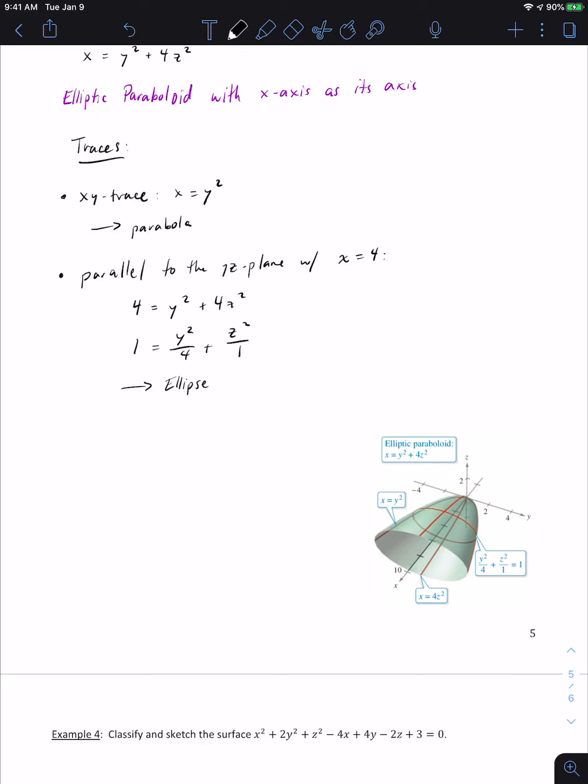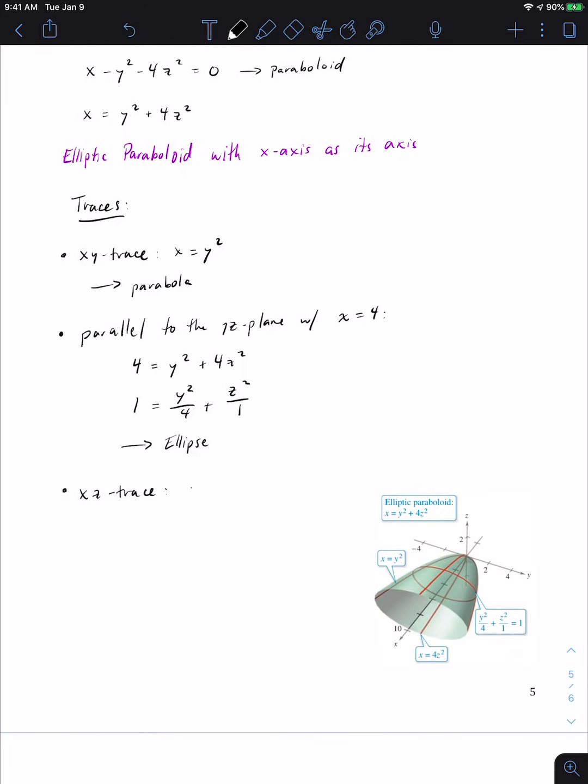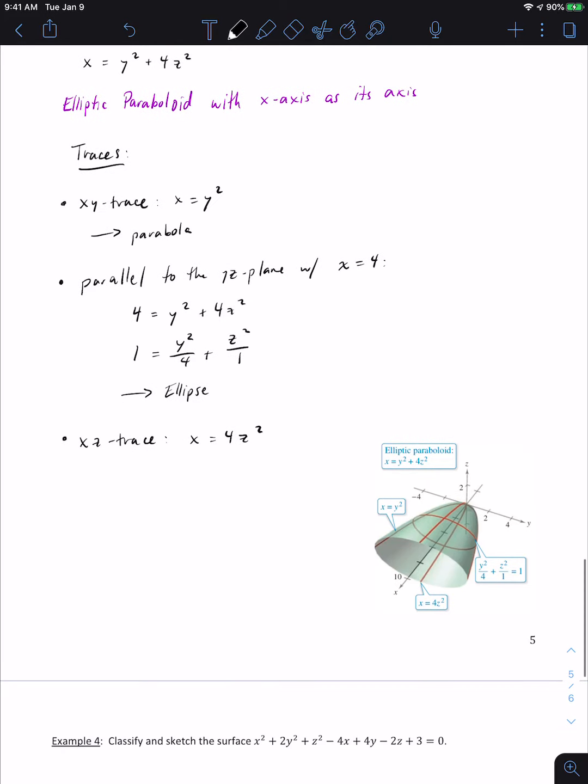At x equals 2, I would have another ellipse. At x equals 5, another ellipse. So I'm going to have a bunch of ellipses there. And then the last one, the xz trace, I end up with x is equal to 4z squared, which again is another parabola.